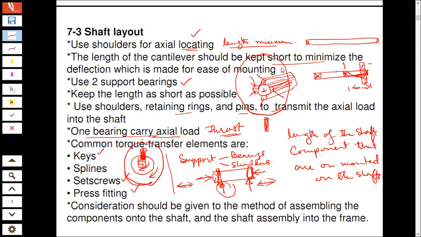So you just put a component in there which has a smaller diameter than the shaft, and you force fit that into the shaft so that it does not move. There is no slip in there. Okay. So these are some torque transfer elements that we would use.